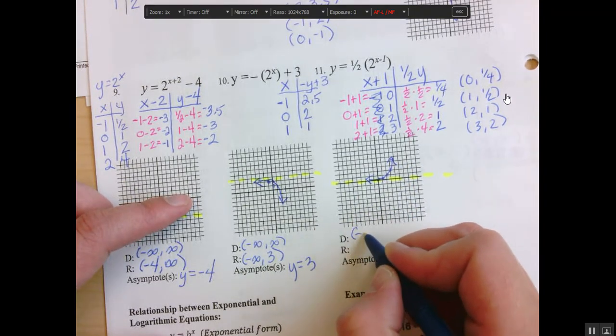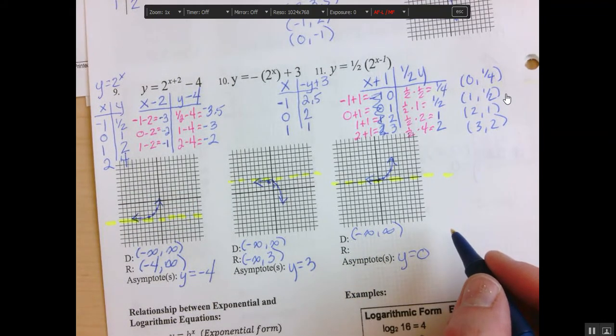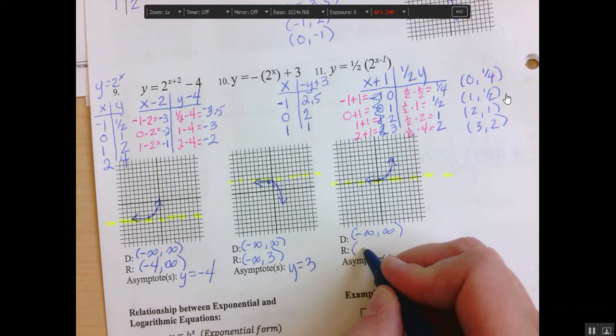Same domain, and where does my range start? Where does the range start? 0. 0 to infinity. Thank you.